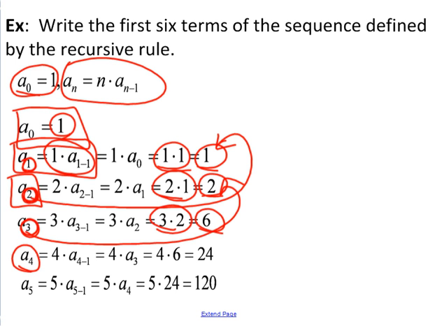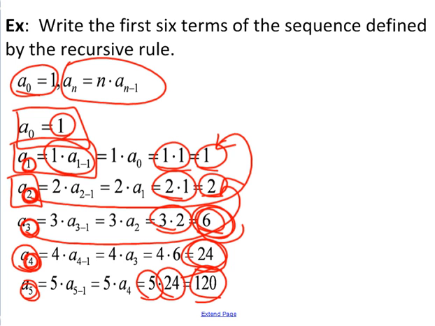A sub 4, I take my 4 and multiply by the 6, and I get 24. To get a sub 5, I take 5 and multiply it by the number I just found, and I get 120, and we could keep on going. But I only wanted these terms.